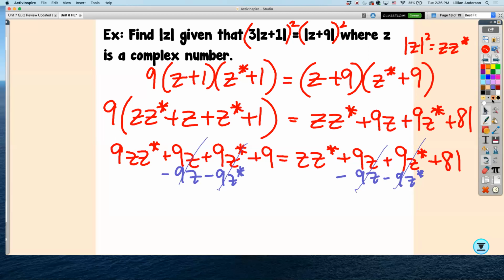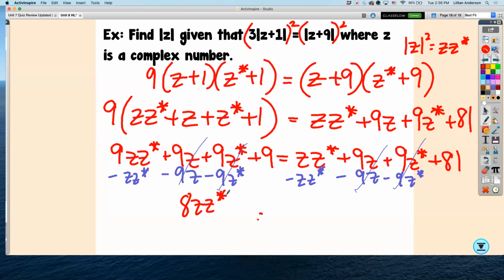Can I do anything else? So maybe move this over. That would give me a z conjugate.